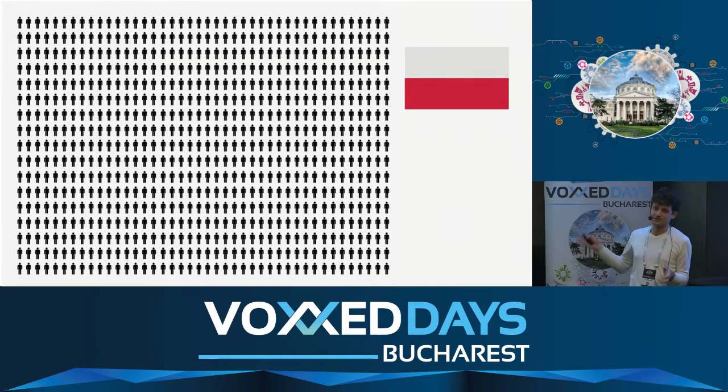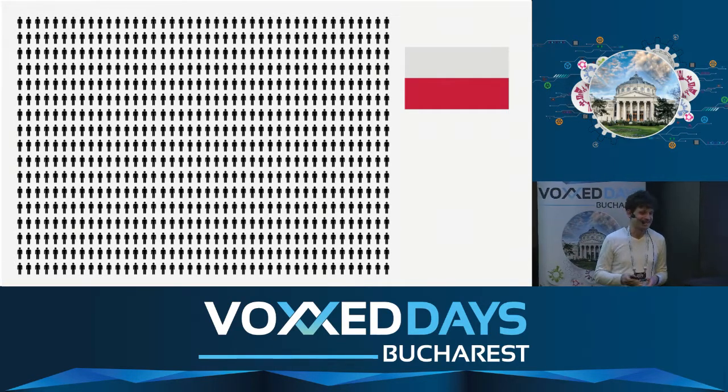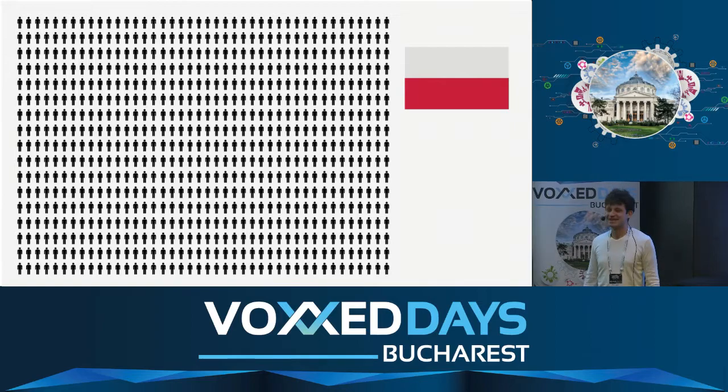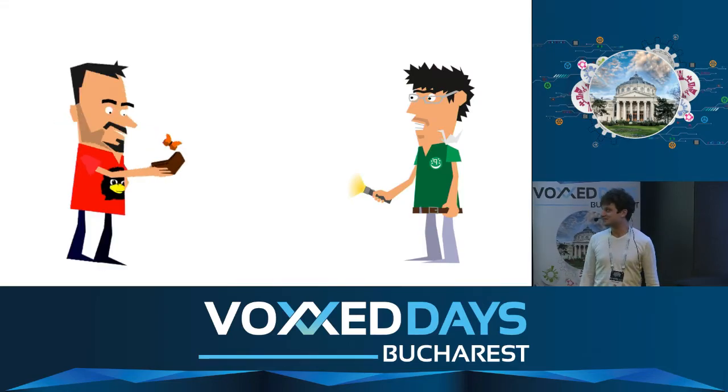In the case of Poland, it's even worse. You need 700 persons. But I don't know how it plays out in Romania. Even worse. So maybe we would need a separate screen. And that's all because of the bug of one engineer.